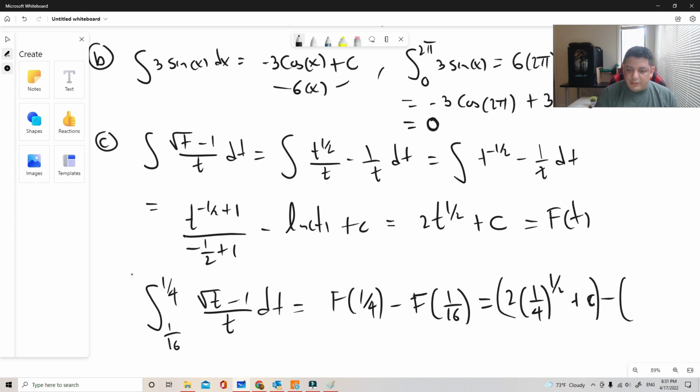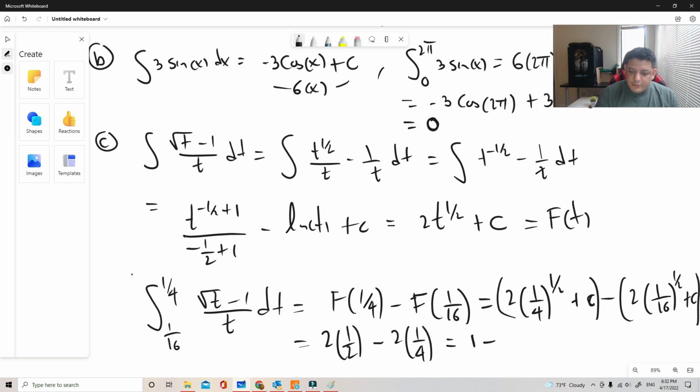So every time I do these calculations in the future, I'm just going to lose the plus c value immediately. So now the square root of 1/4 is 1/2, so 2 times 1/2 minus, and we'll lose c with c. The square root of 1/16 is 1/4, so 2 times 1/4. So this is equivalent to 1 minus 1/2, and it's just going to be 1/2.